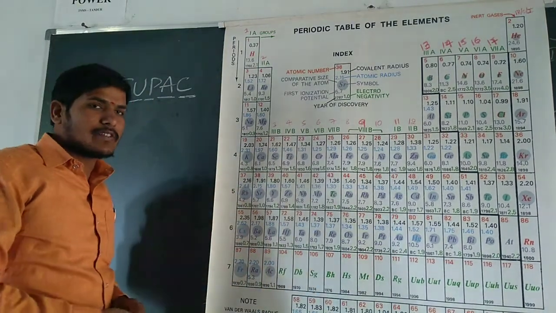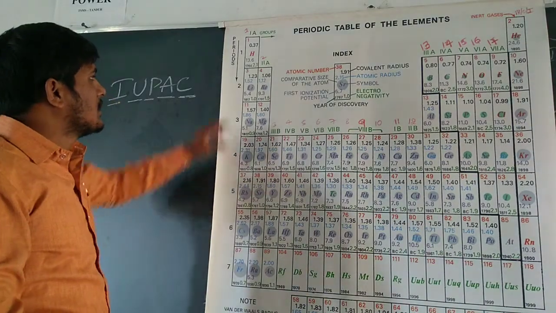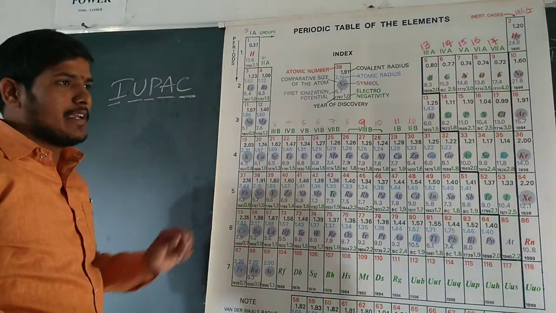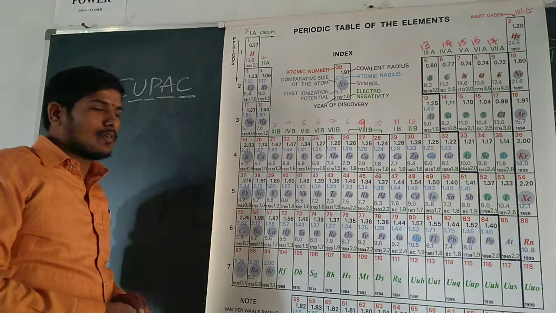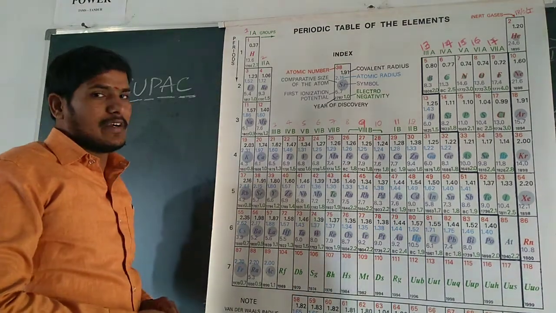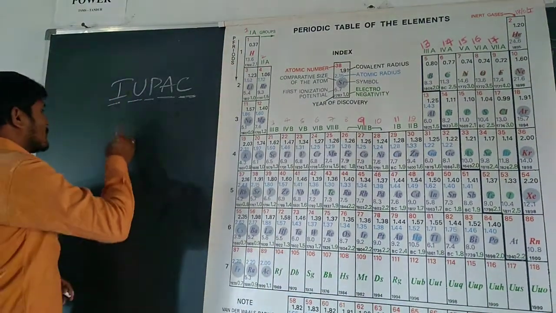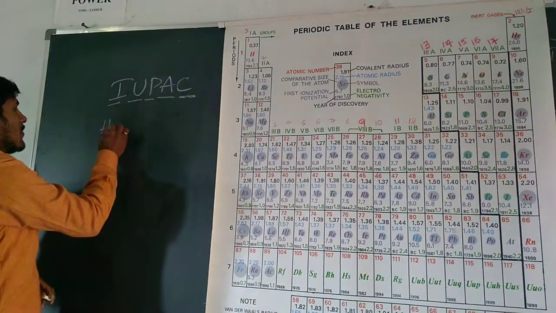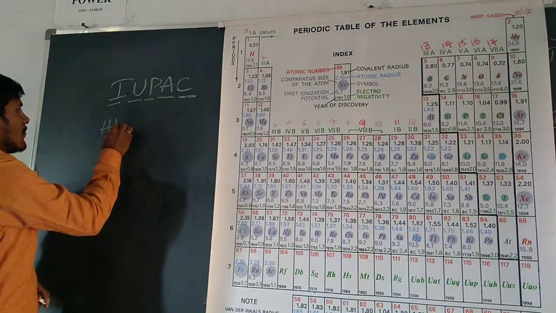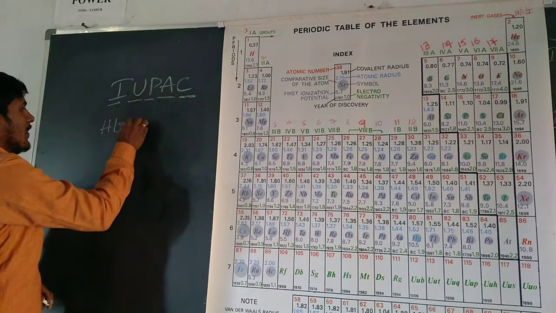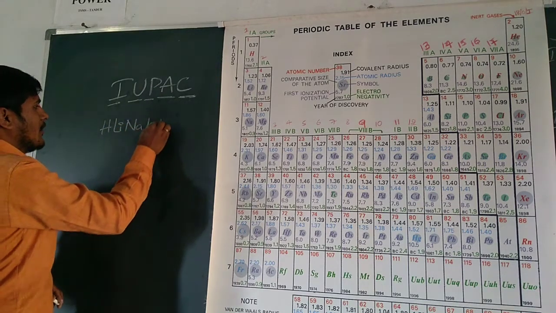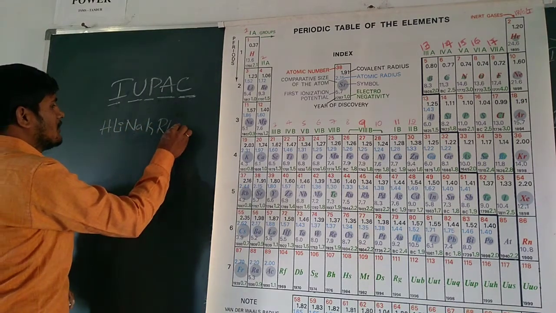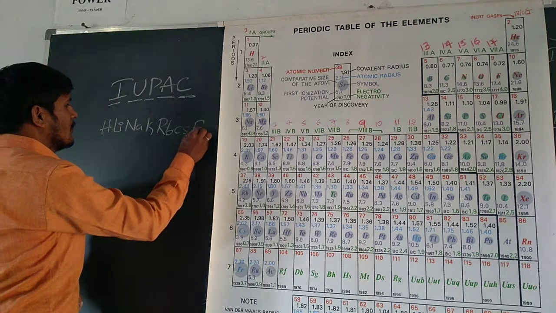How can these be remembered? By remembering a simple code: Halina K, Rubina close friend.